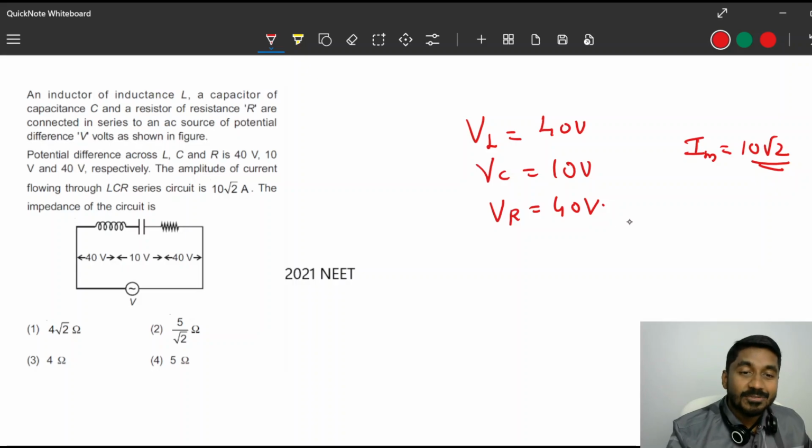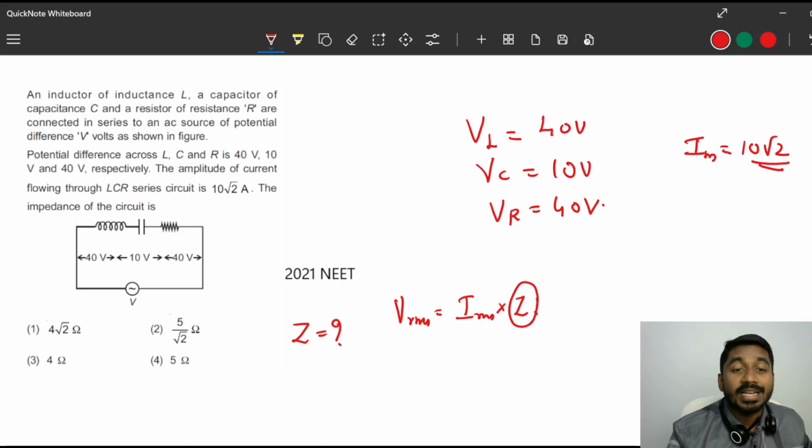What is the impedance of the circuit? We need to find the total impedance of the circuit. We can write the relation V RMS is equal to I RMS into Z, where Z is the total impedance, so Z will be V RMS by I RMS. So we need to find V RMS first, then I RMS, and we will get the answer. Understood? First of all, let's find out the total voltage in the circuit.